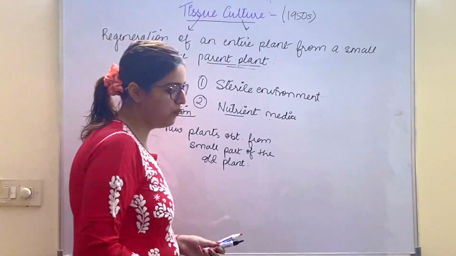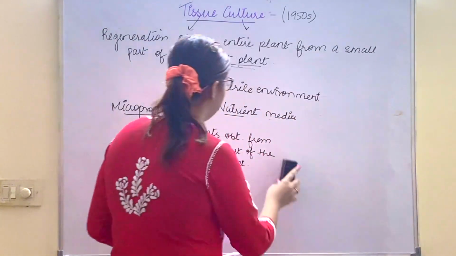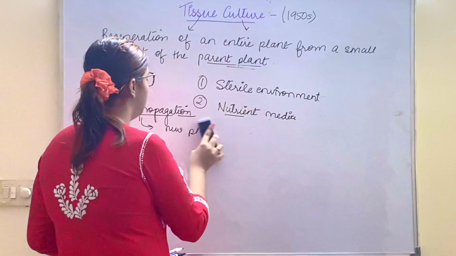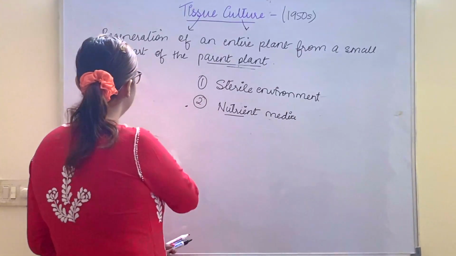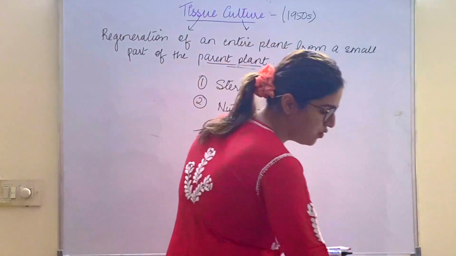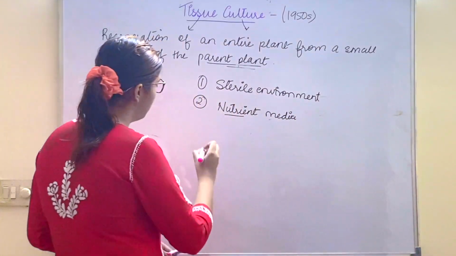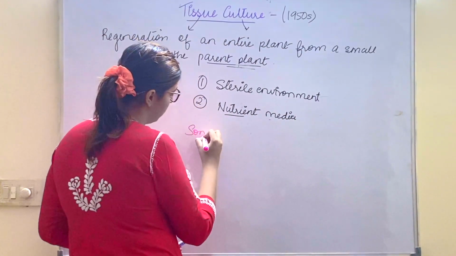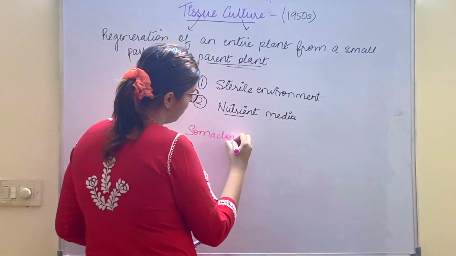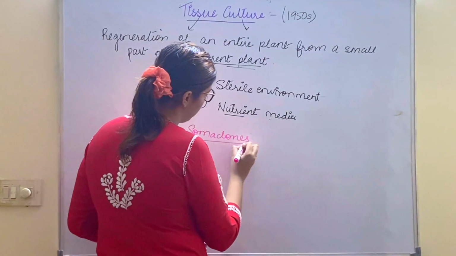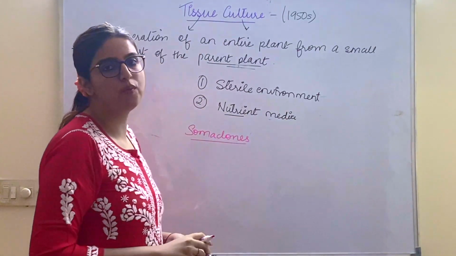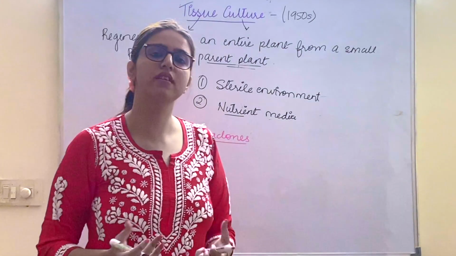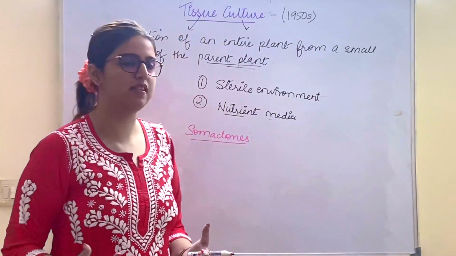Now also in tissue culture, the new plants that are obtained have a term as well. They are called somaclones. Soma means somatic cells of the body. What are somatic cells? The normal cells of the body are called somatic cells, right?